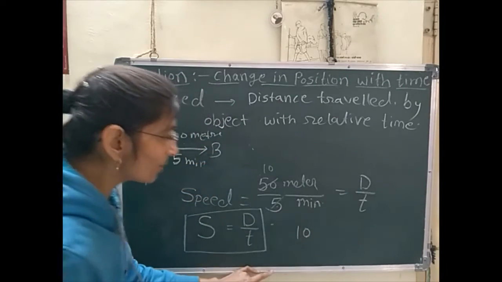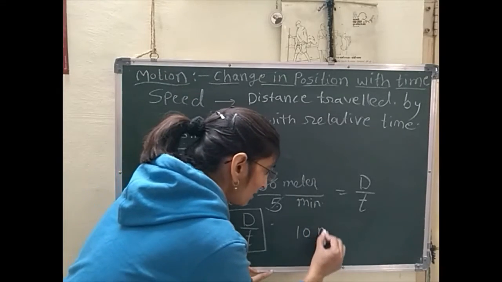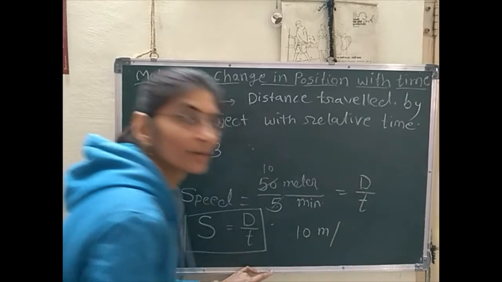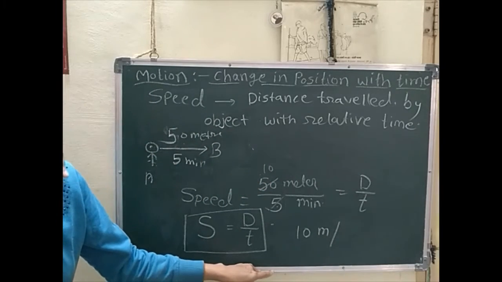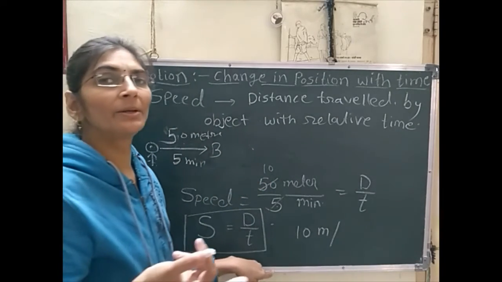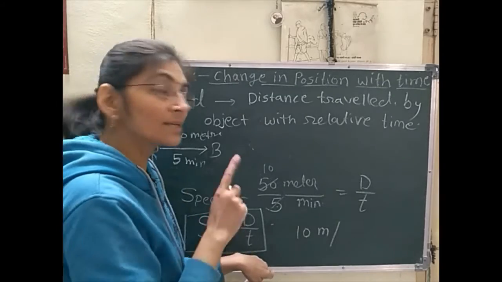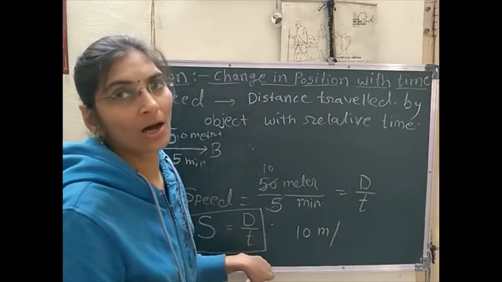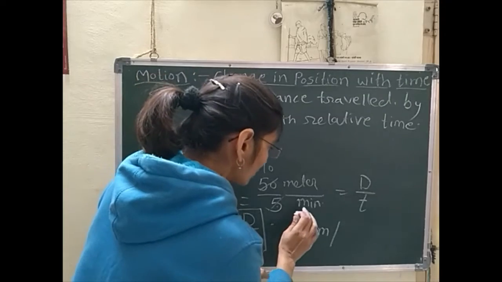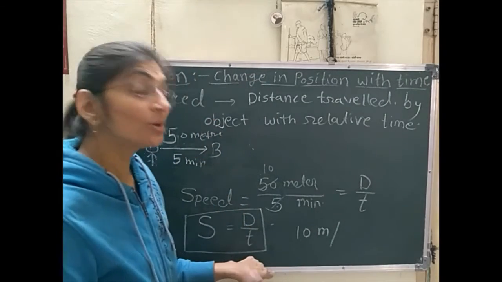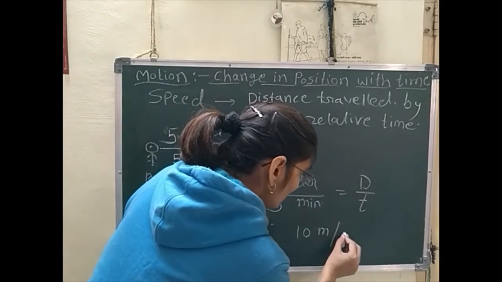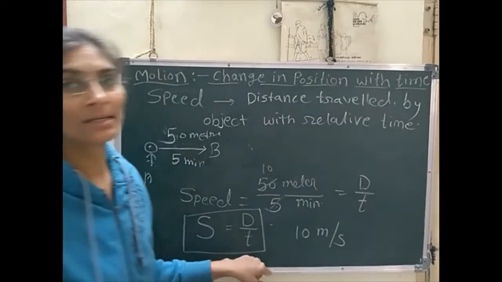What is the unit of speed? Meter per second. This is the standard unit, and the other is kilometer per hour. So minutes we have to convert into seconds, so that it is always meter per second.